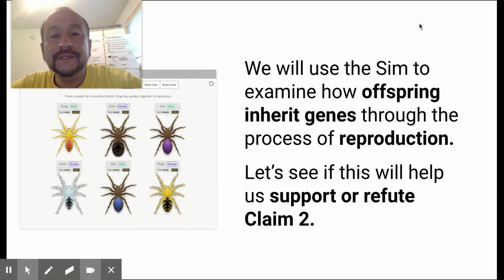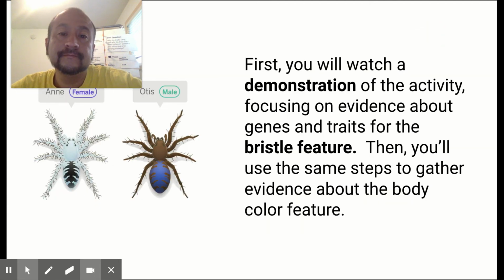We're going to use the sim to examine how offspring inherit genes through the process of reproduction. So let's see if this will help us support or refute our claim number 2. First, we're going to watch a demonstration of the activity focusing on evidence about genes and traits for the bristle feature.